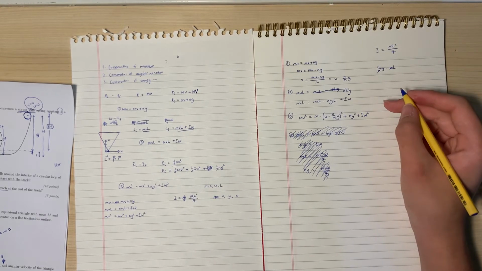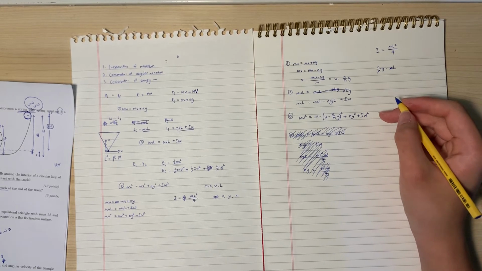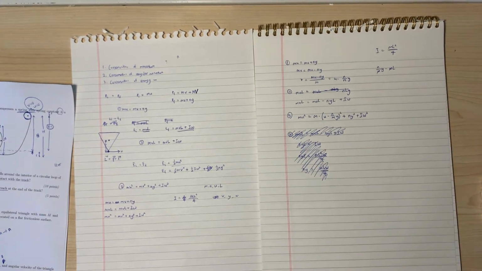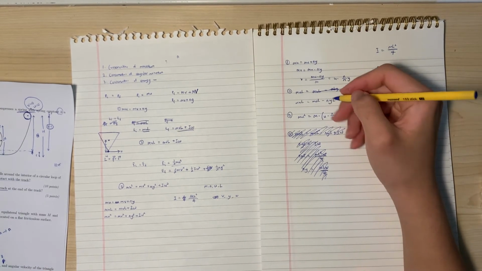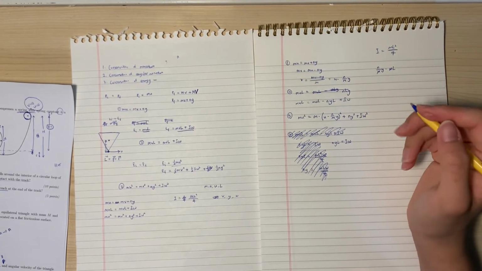Okay, let's just write nyl equals I omega down first.